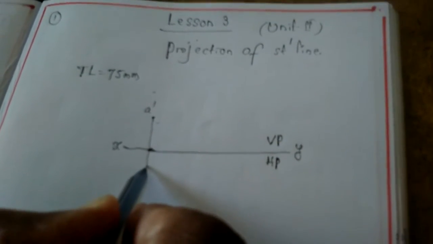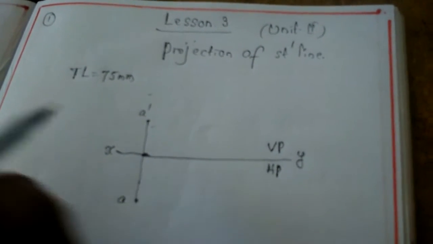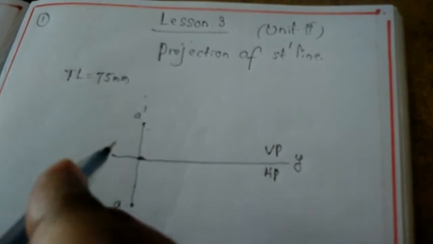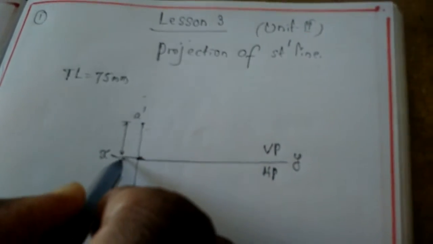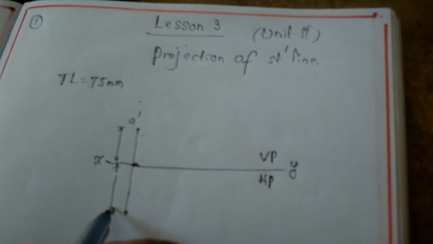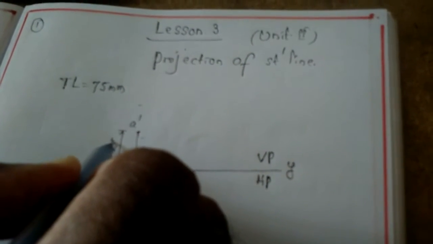That's why first you put a point, and from this point extend 25 above. This is A dash. Extend 25 below, that is A. Why? Because above HP and in front of VP, this gap is 25 and this gap also is 25.